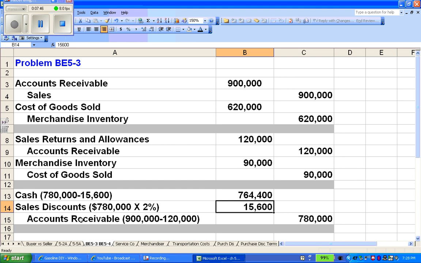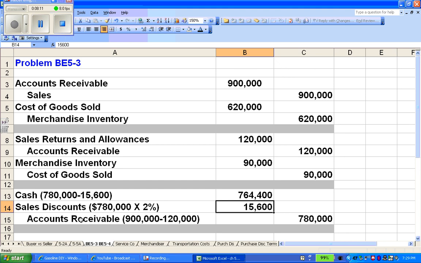In order to get the information, I would have to analyze the sales account to pull out the 2% discount and see how many of our customers took the discounts and what did that amount to. Are our customers taking advantage of that discount? So you keep track of it in that manner with this contra revenue account.